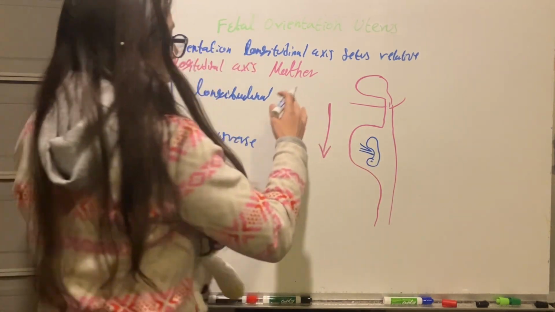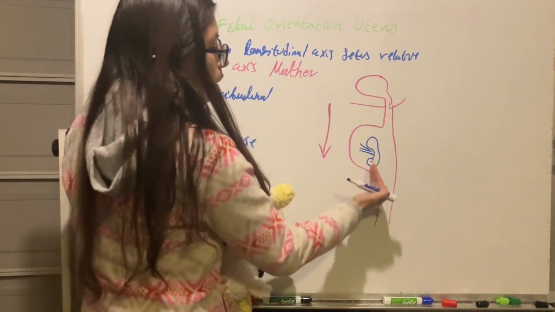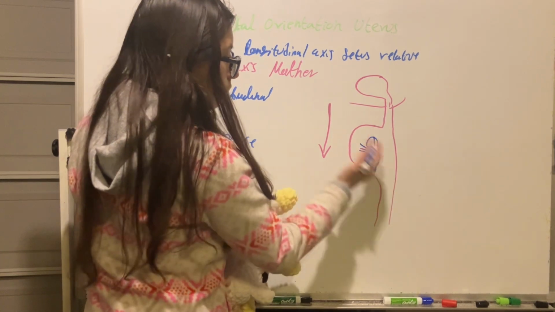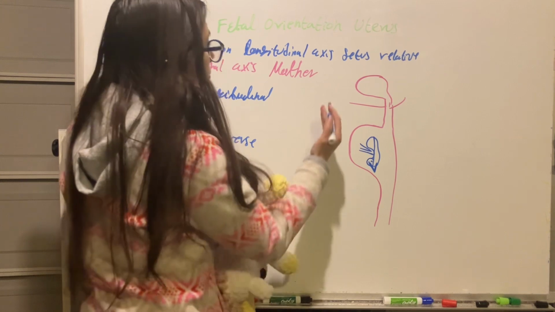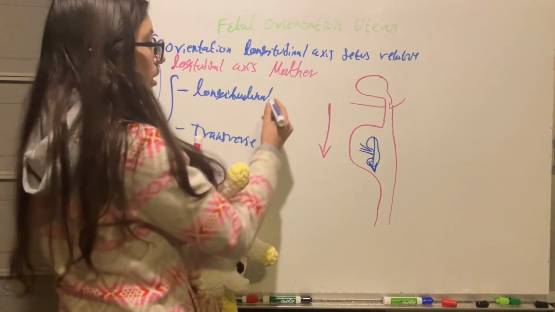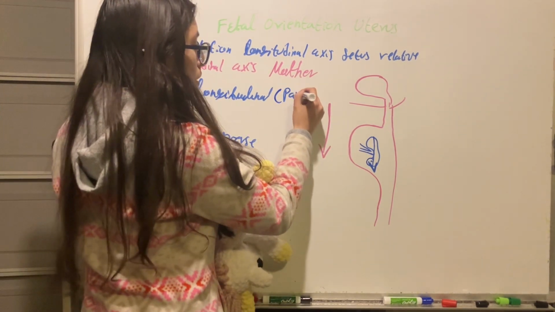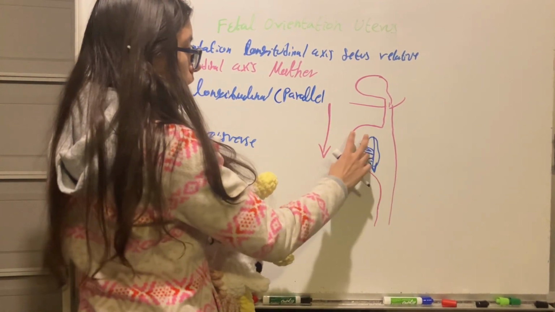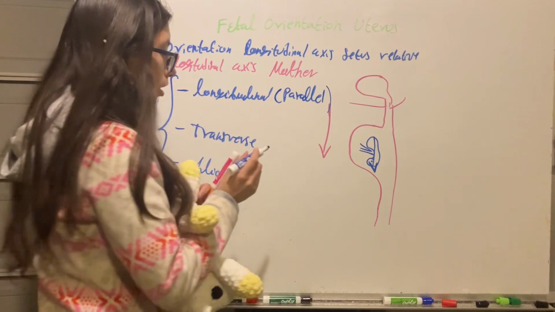So this is a longitudinal orientation. The longitudinal axis of the fetus goes with the longitudinal axis of the mother, or let's say is parallel. The longitudinal axes of fetus and mother are parallel.